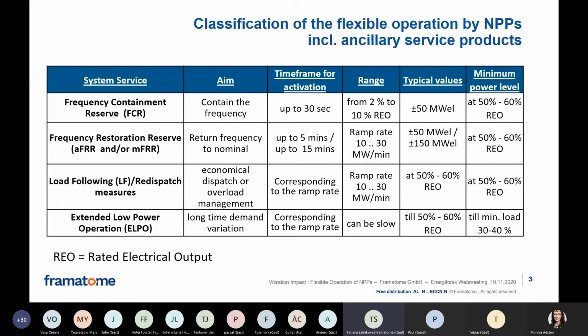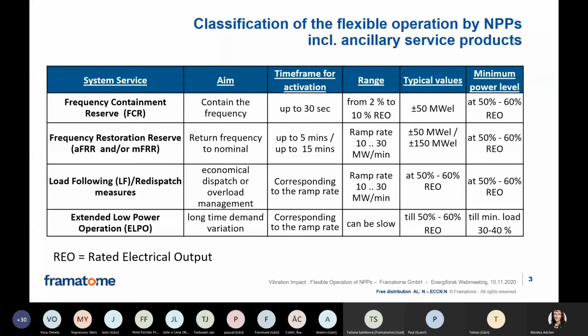The typical values they perform each day are much lower, at about plus or minus 50 megawatt electric. Then we have the frequency restoration reserve, differentiated between the automatic one, provided in 5 minutes, with typically about 50 megawatt electric, and the manual frequency restoration reserve, up to 15 minutes, typically about plus or minus 150 megawatt electric.